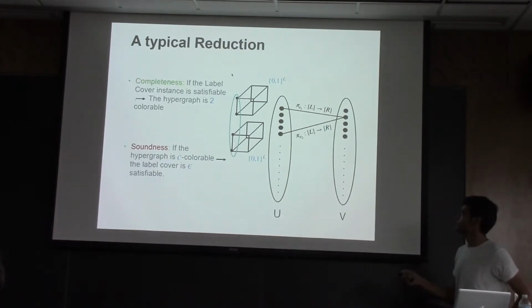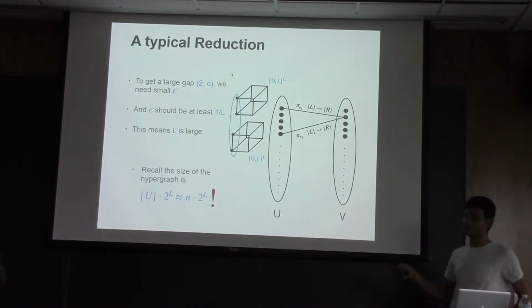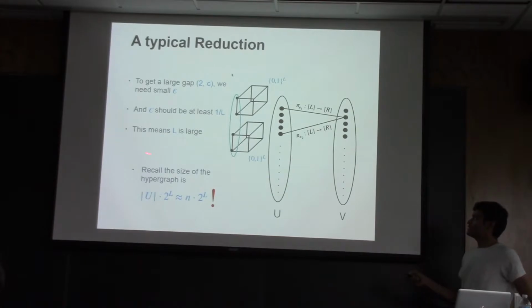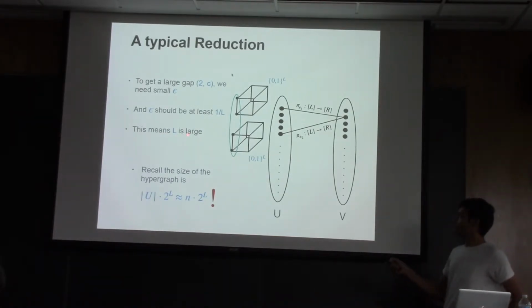If we say that the gap LC 1 epsilon is hard, which means L is large, then where is the size of L coming into the picture?